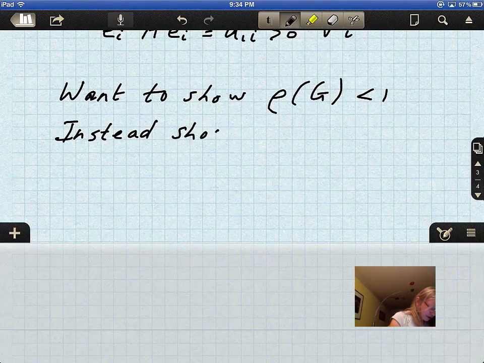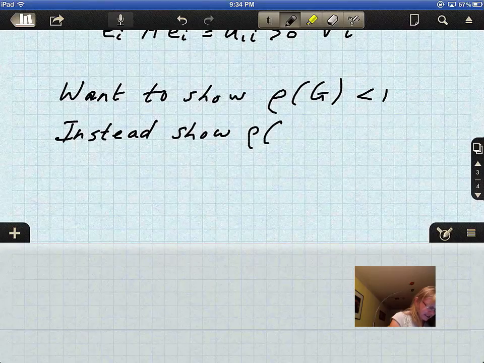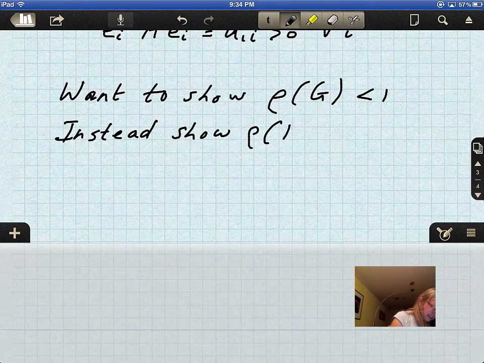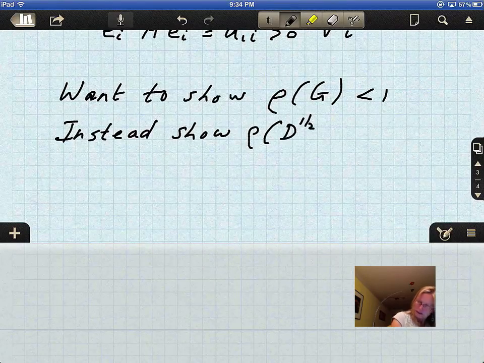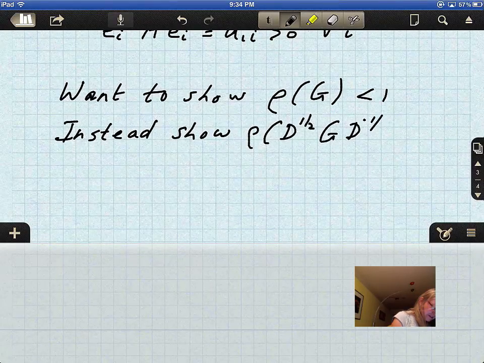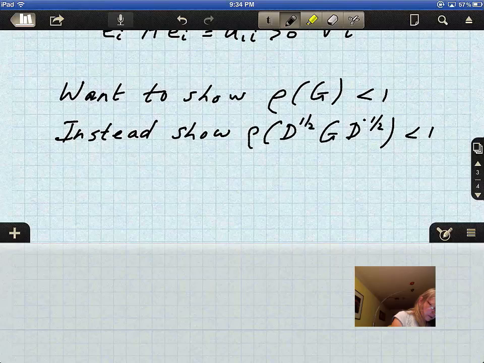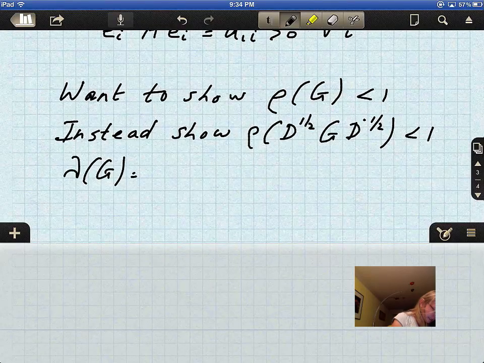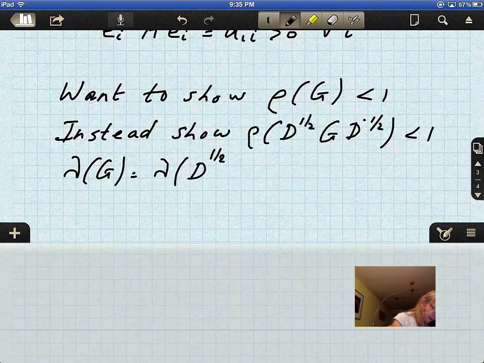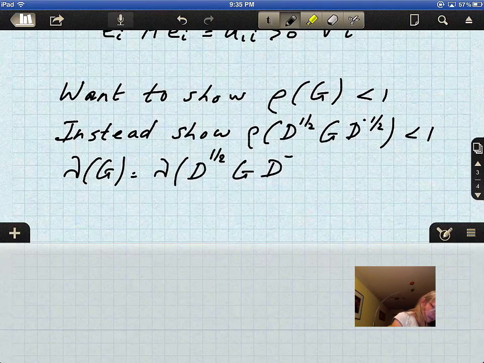So instead, we're going to show that the spectral radius of D to the half, G, D to the minus a half is smaller than 1. And we know that lambda of G is lambda of this guy here because these two are similar, right?